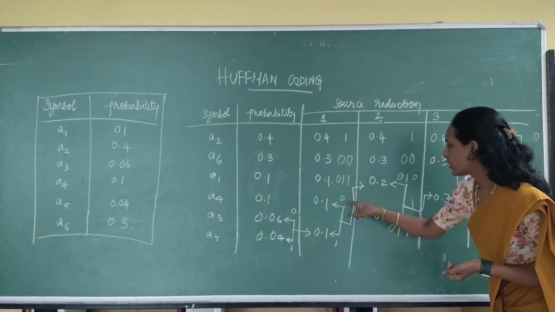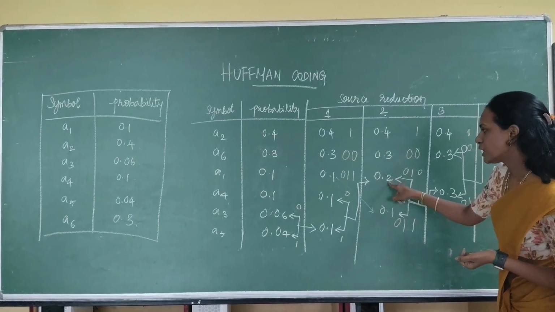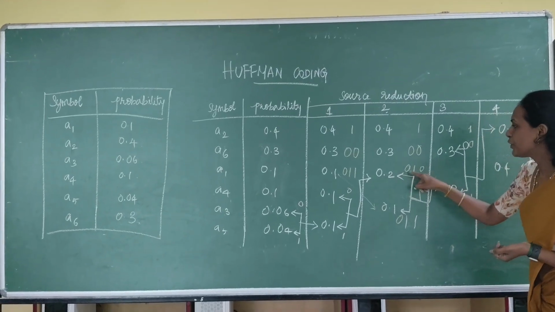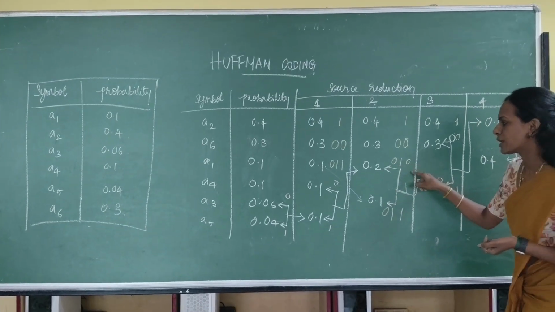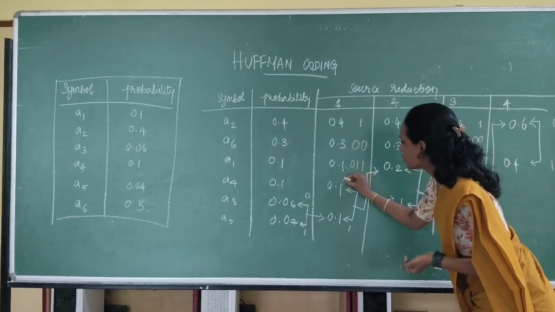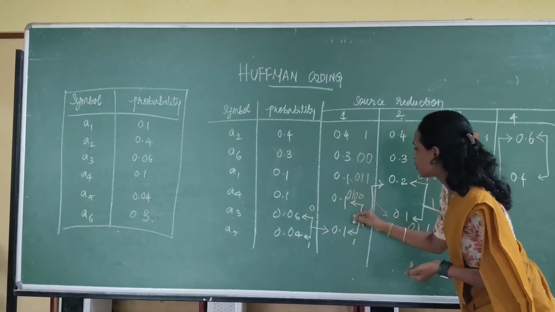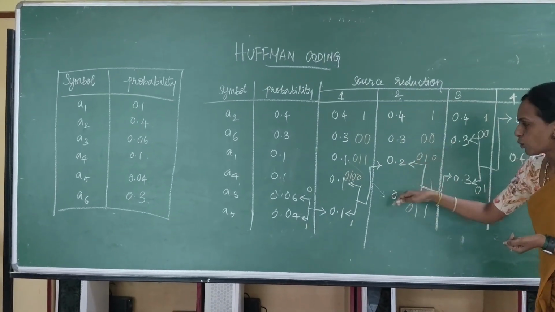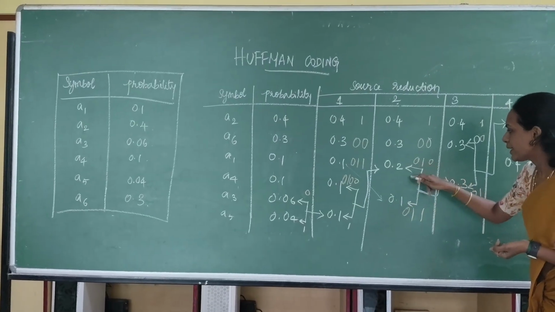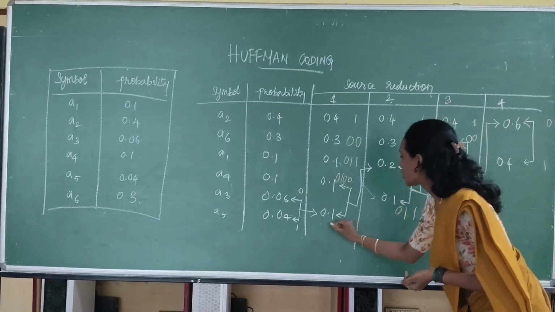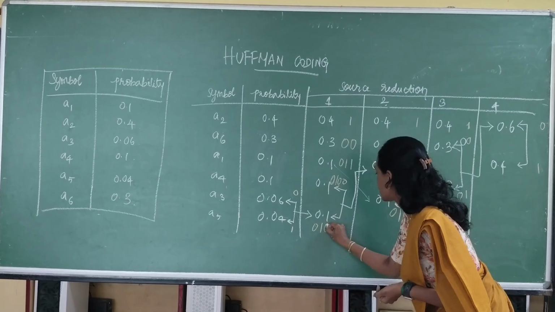This 0.1 has come from this 0.2, and for this 0.2 we already have a code word 010. So I am adding 0, 1 and 0 as a code word before the code that is already existing. So again the same thing is going to go over here. So 0, 1, 0, 1.